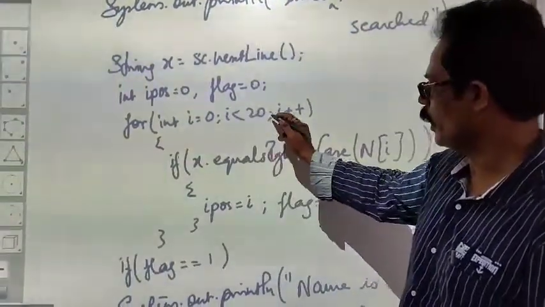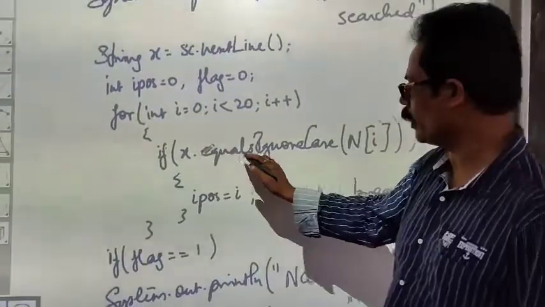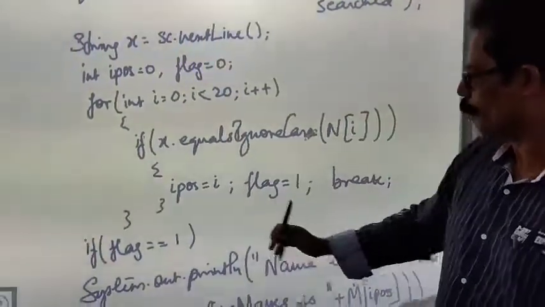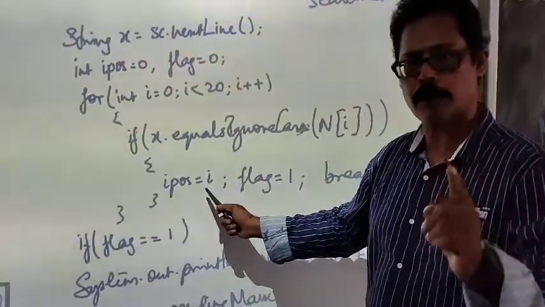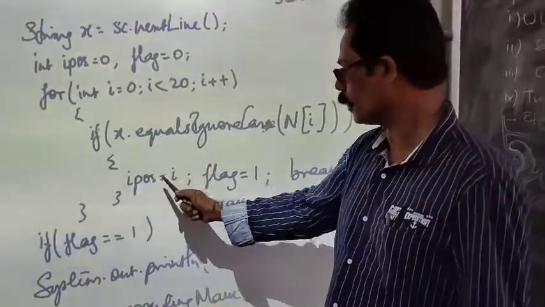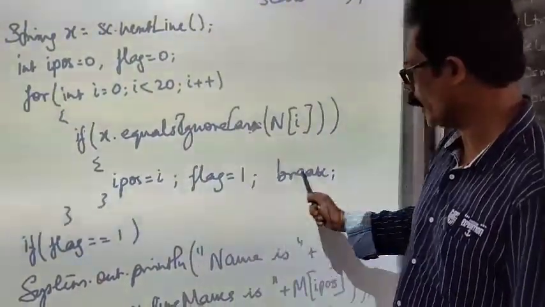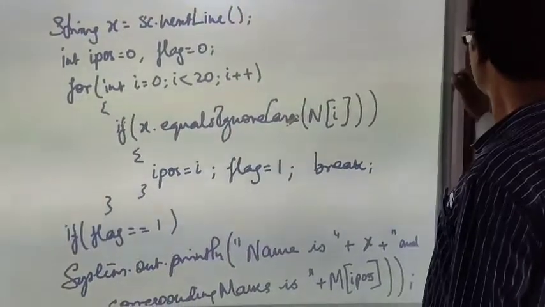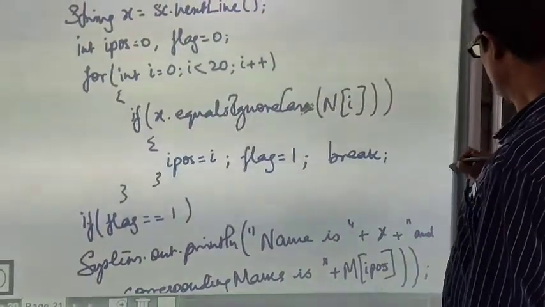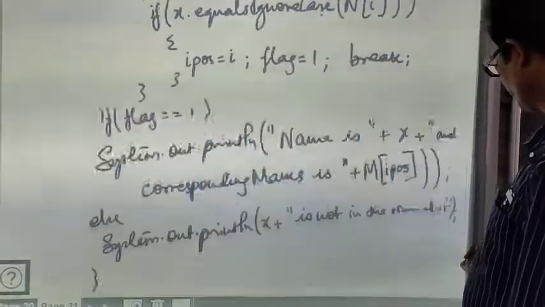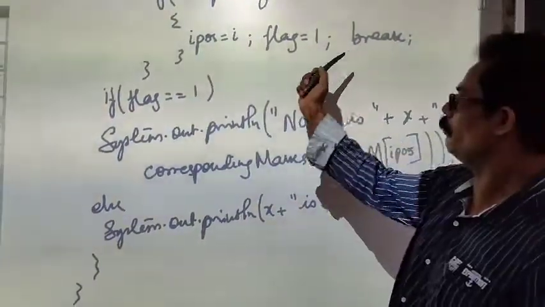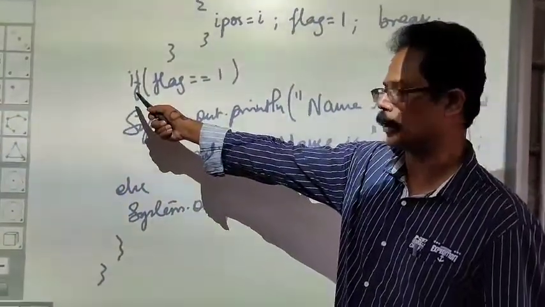For int i equal to 0, i less than 20, i plus plus. If x.equalsIgnoreCase(n[i]), then ipos is equal to, not i plus 1, because it is the index, it will take only i, flag equals 1, and then break. And thereafter, the moment we take a break, the control flows out of the loop.